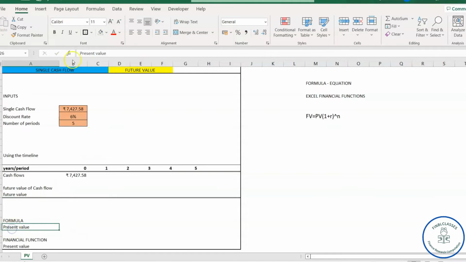Then we'll be calculating future value with the help of the formula, and also with the help of the financial function.